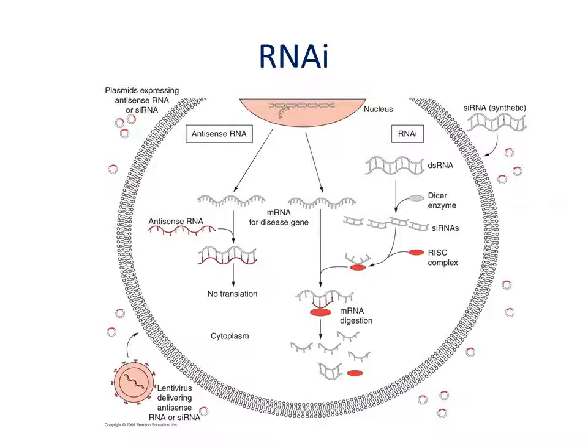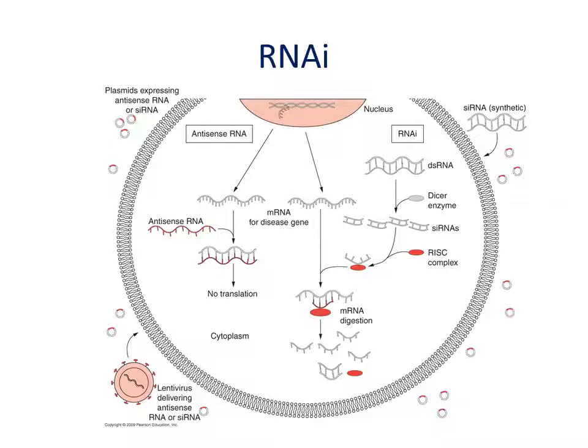So knowing this about our ability to destroy double-stranded RNA, two recent techniques have been developed, one called antisense RNA and the second called RNAi or RNA interference. So let's say you have a gene that is being overexpressed, which is causing your disease state. This would be true for something like Huntington's disease. So if you have the mRNA that's being expressed, in antisense RNA, you can design a single strand of RNA that is complementary to the gene that's being overexpressed, to the mRNA that is made.